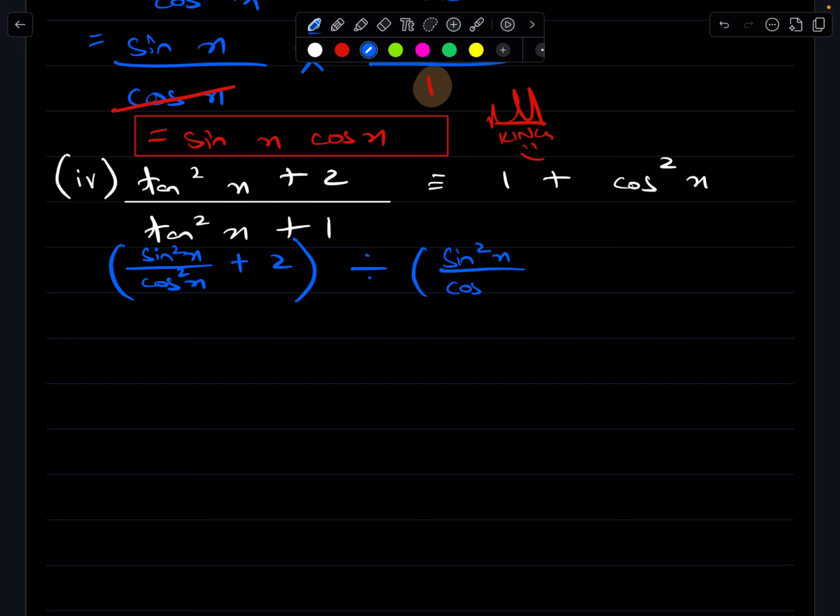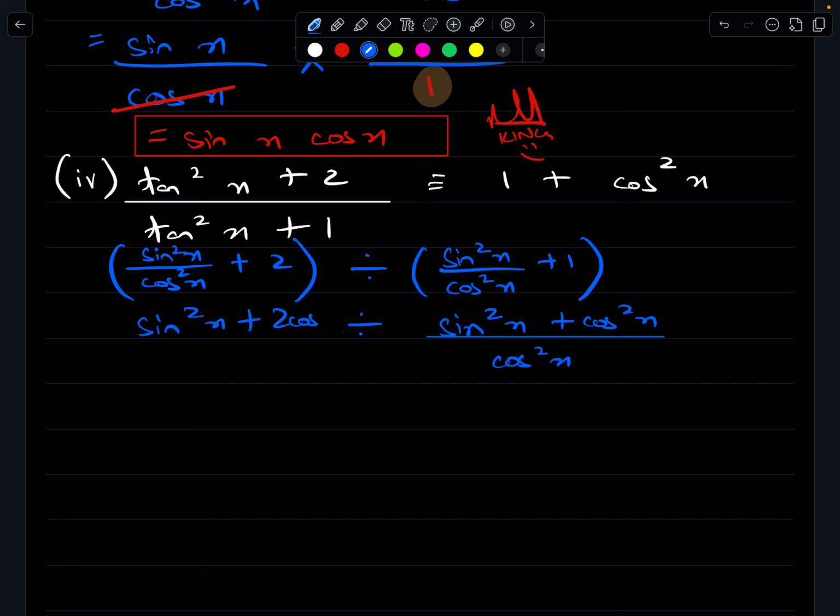Again, sine square x over cos square x plus 1. We have a division sign in between. This part as a single fraction can be written as this thing. And this part can be written as this.